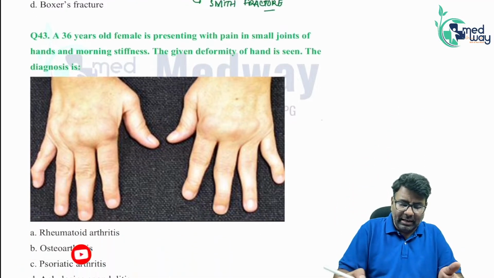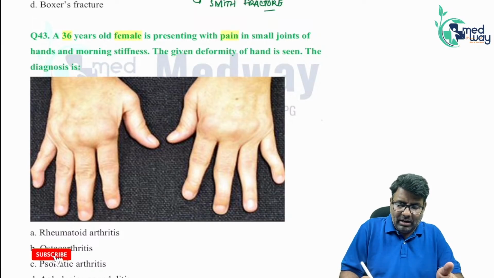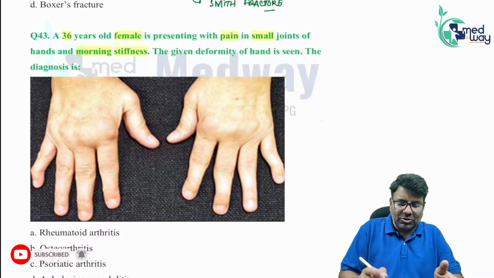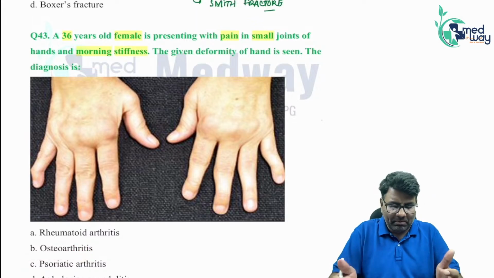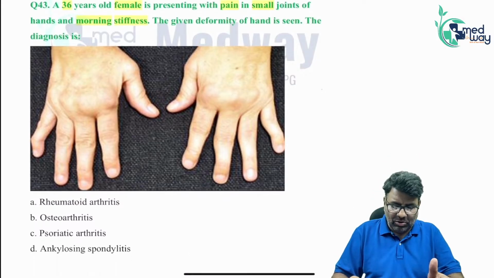The next is, a young lady is having pain in small joints of the hand, and this is classically associated with morning stiffness, and the deformity is shown here.